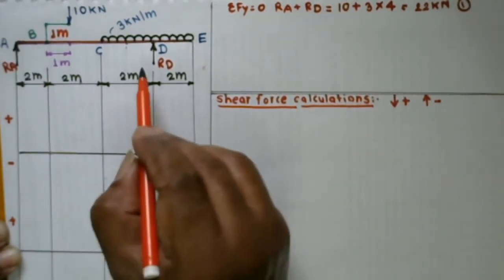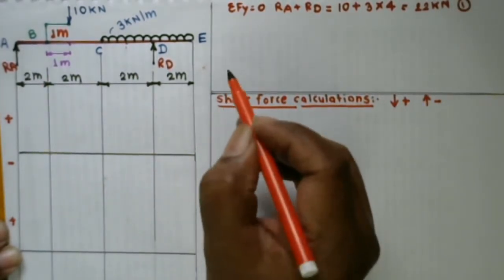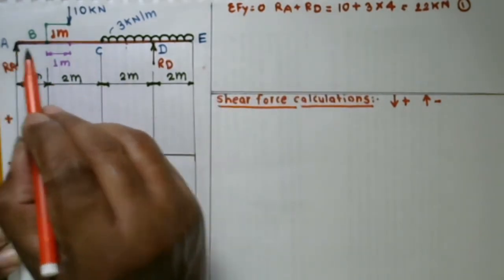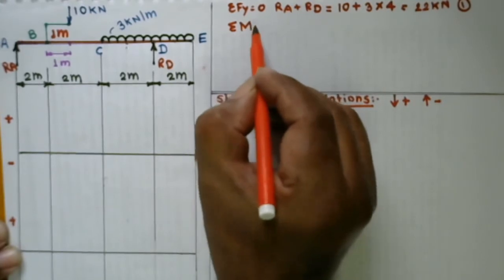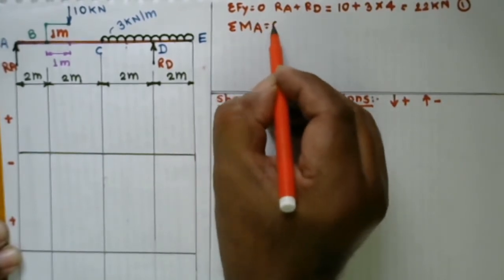Now to calculate the reactions RA and RD, we have to take moments about point A, or you may take moments about point D also, but here we are taking moments about point A, summation M is equal to 0.